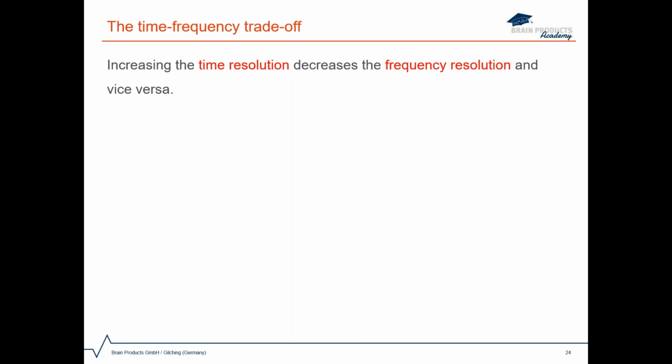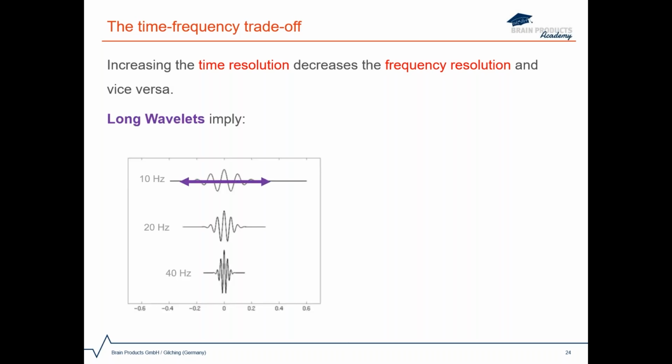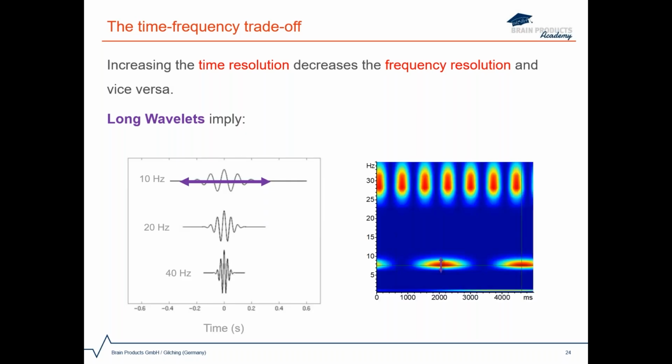For example, with a relatively long 10 Hz wavelet that covers more data points, we can localize the power of 10 Hz oscillations precisely and achieve a high frequency resolution. However, due to the influence of many neighboring time points in calculating the coefficients, a long wavelet yields a low time resolution.